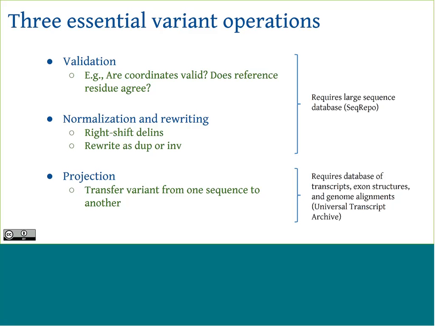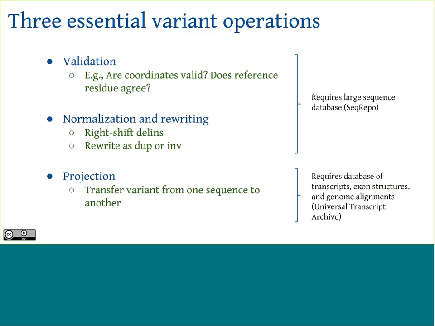So that's a problem that we've solved, but I think from a curator point of view, it might be worth just keeping in the back of your mind that every time you do something like normalize a variant, it really requires that you have the underlying sequence available.